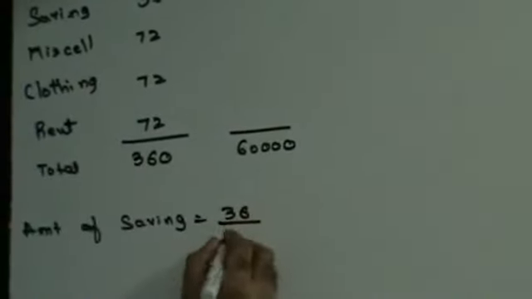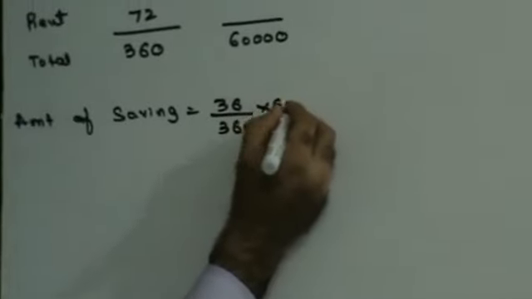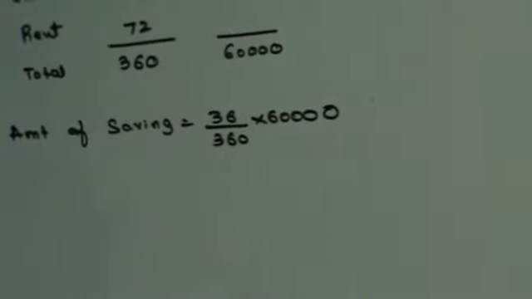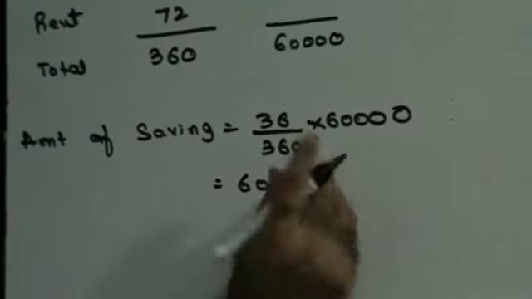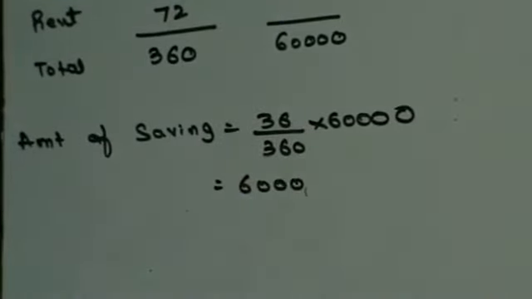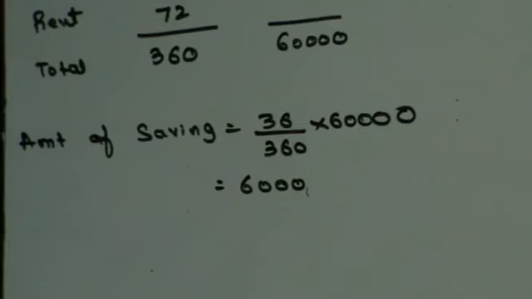Now if savings is 36 degrees, I can find out the amount of savings: 36 divided by 360 into 60,000, which works out to 6,000. So the question was, how much is the savings? We found out the savings.